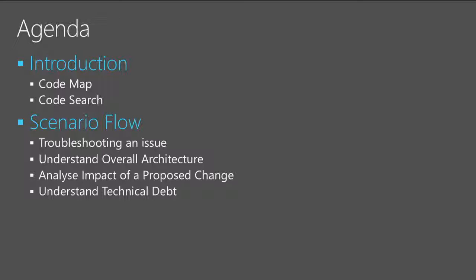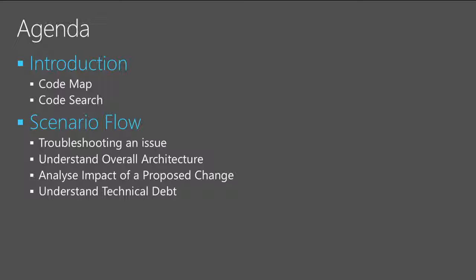We'll start off with a problem, how to go about understanding the root cause of the problem using these tools. Then try and understand the overall architecture of an application, with the intent of making a fix for that issue that we hit earlier. And once we identify the fix for a problem, how can we use these tools to understand the impact of that change on the rest of the system?